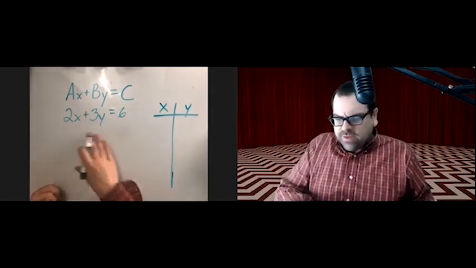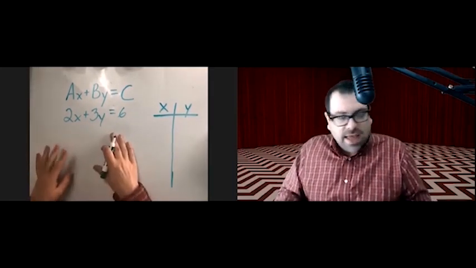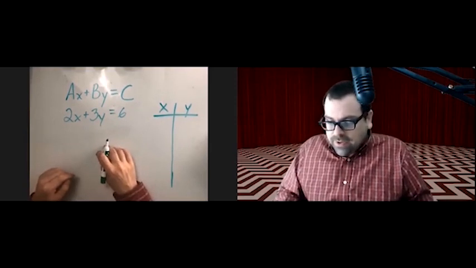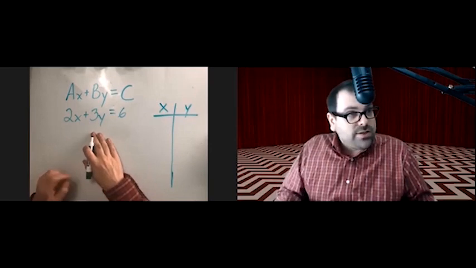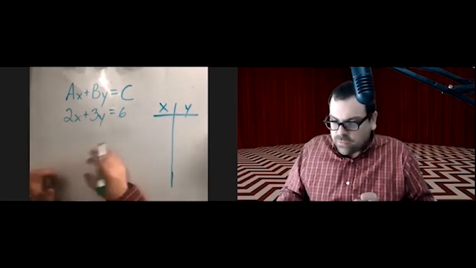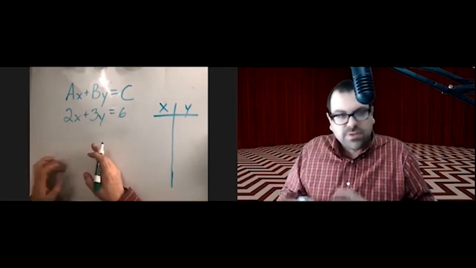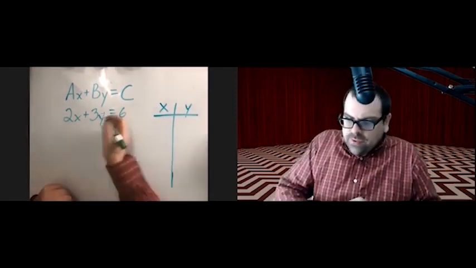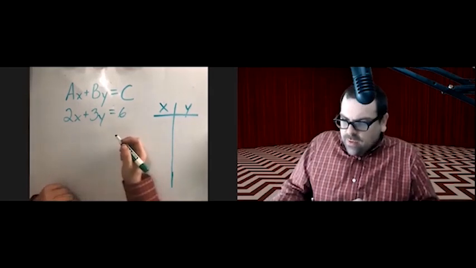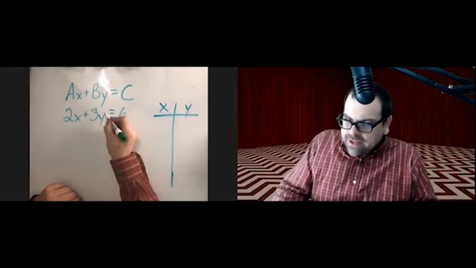So we're not plugging 0 in for X or anything like that yet. Like we did last time, we're just going to solve this equation for Y in terms of X. So when we're done, we'll have Y equals something involving the X. So it's just like solving a regular equation. We want to get the Y by itself.